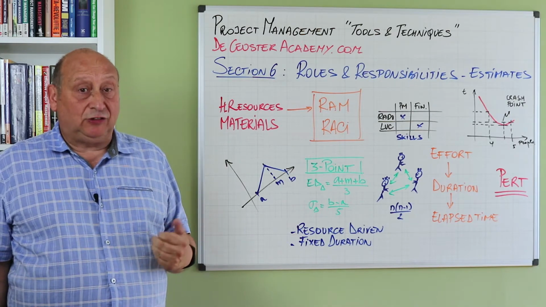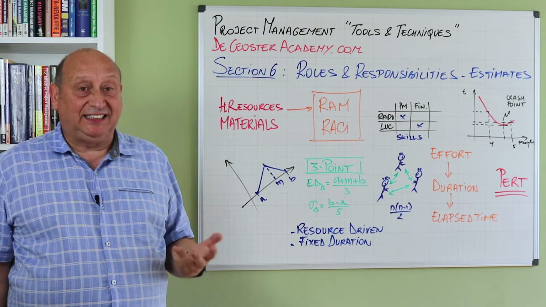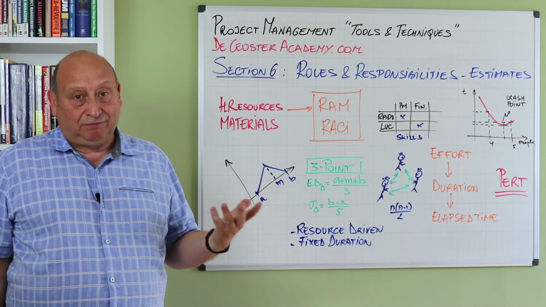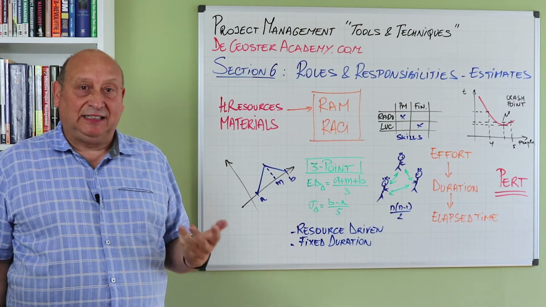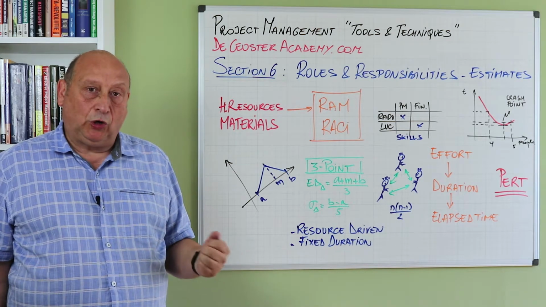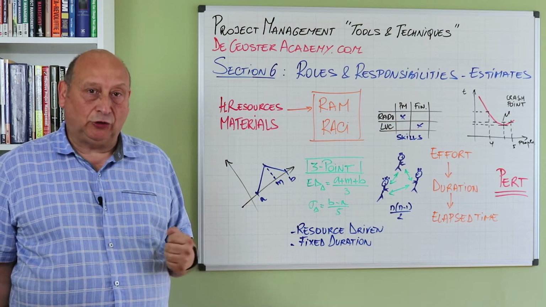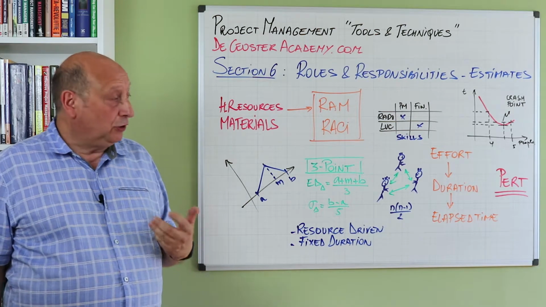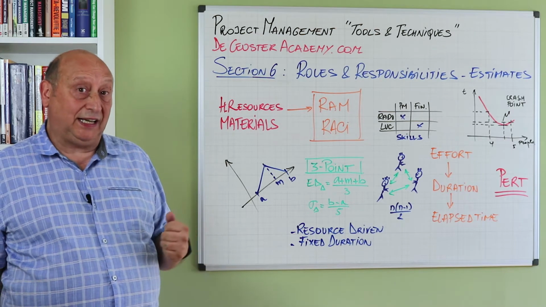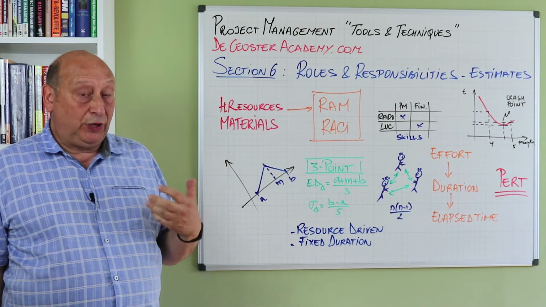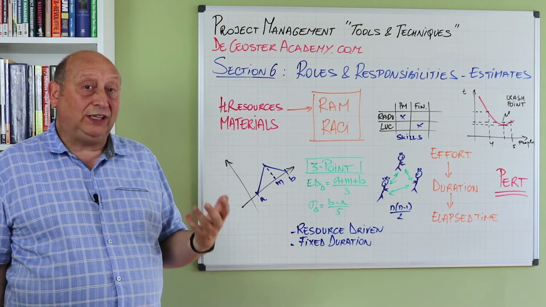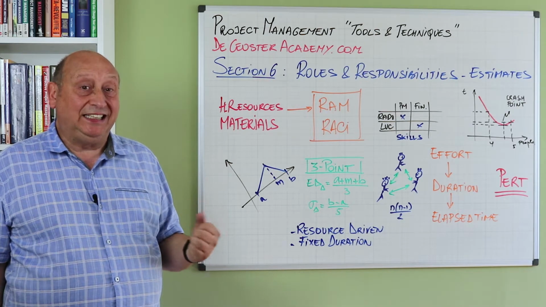We all know that in order to complete activities, we need materials, but it was just added in the last version of the PMBOK. Before, we were only talking about human resources. When we talk about people, one of the first things we have to do, since we know what activities we have to do and have a description of the activities, is to know what resources we need.